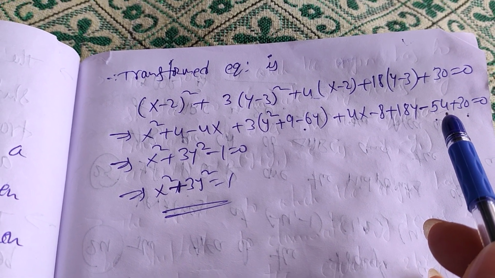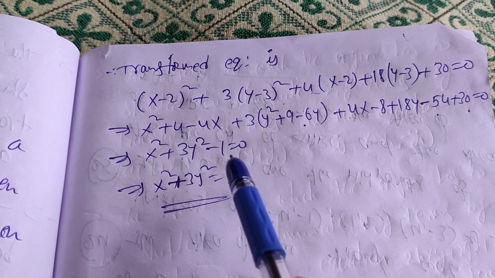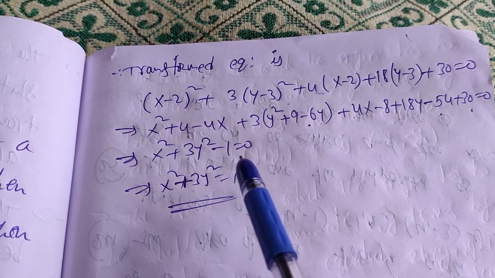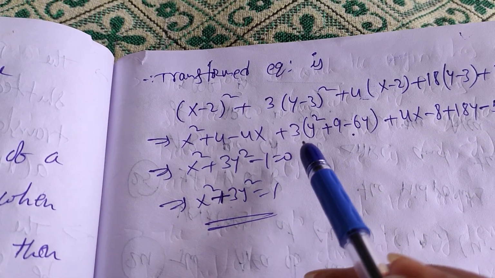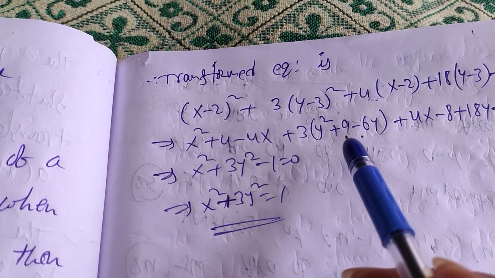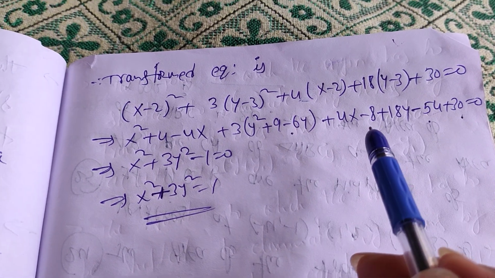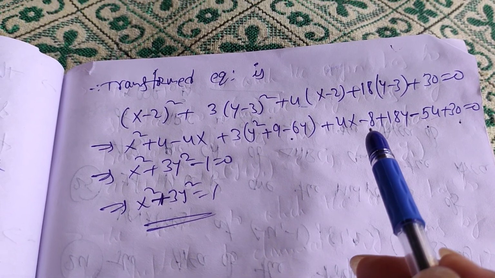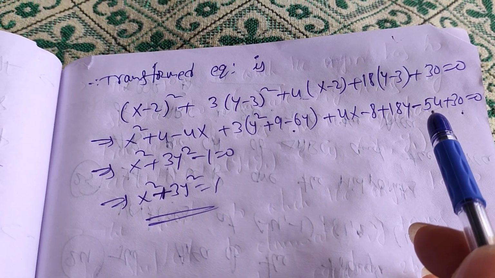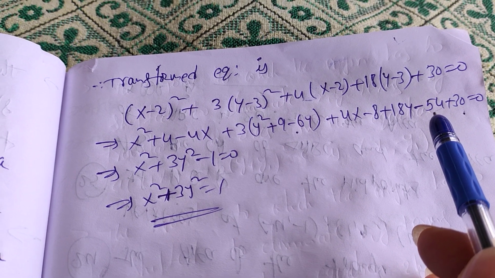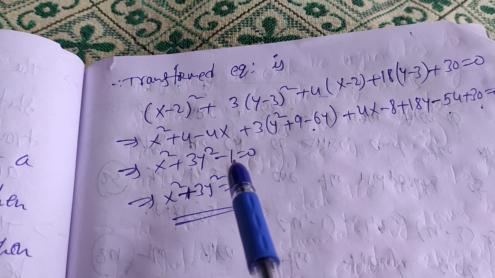Once again, so 4 plus 27 is 31, 31 plus 30 is 61. Here minus 8 plus minus 54: minus 8 minus 54 becomes minus 62. Sorry, I said it's minus 72 earlier. So minus 62 plus 61 gives minus 1 is equal to 0.